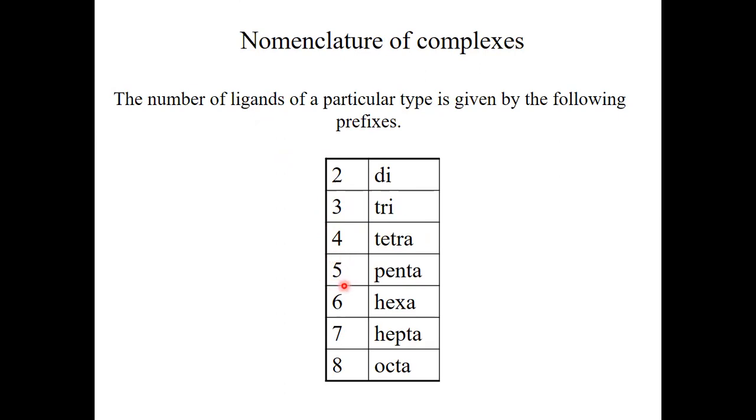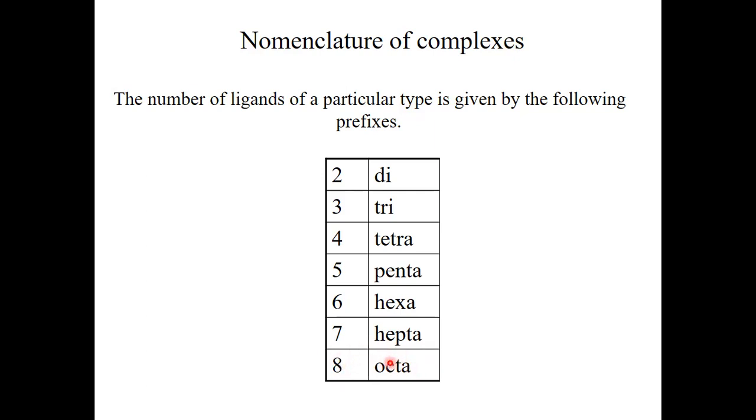When we use 5, we use the prefix penta. When we have 6, we use the prefix hexa. When we use 7, then the prefix hepta. When we use 8, the prefix octa, and so forth. So we're not restricted to 8 ligands.